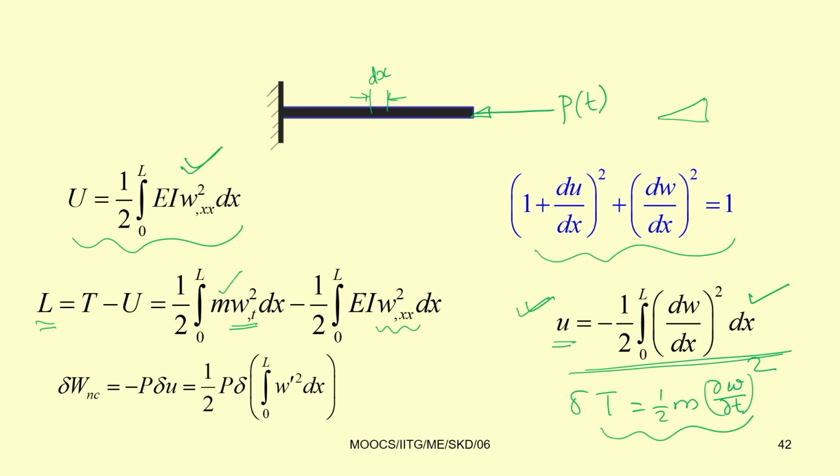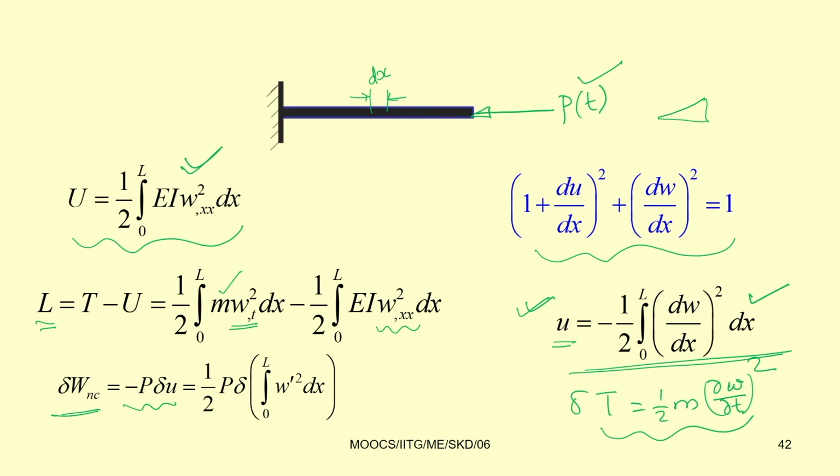Now you have to find the work done due to the non-conservative force, that is the force P(t). The work done delta W_nc will be equal to minus P delta u. As we are putting a compressive force and assuming that u is taking place towards the right, you put minus delta u, so the work done is minus P into delta u.